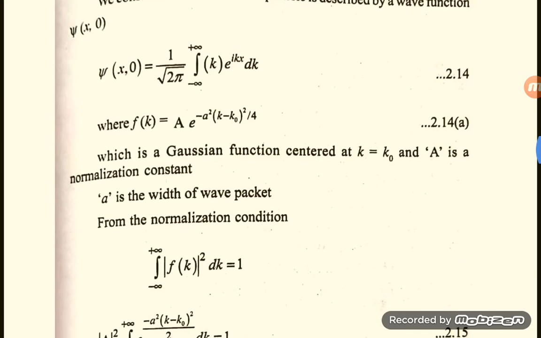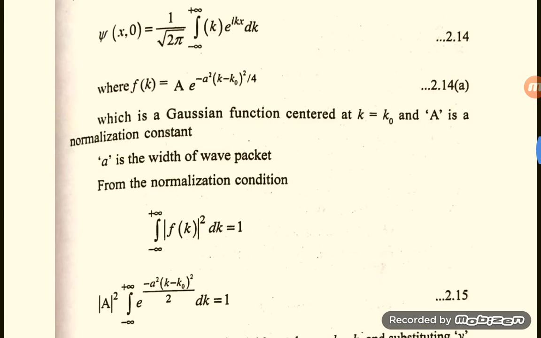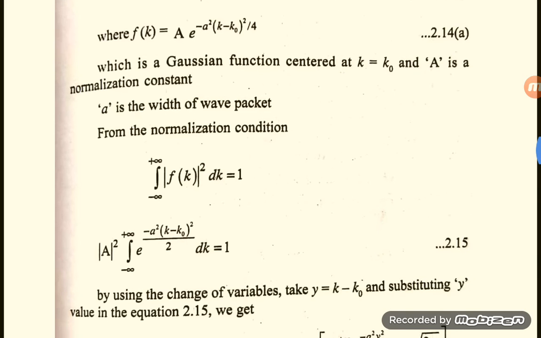So from the normalization condition, the integral from minus infinity to plus infinity of mod f(k) square dk equals 1. So mod A square integral from minus infinity to plus infinity of e power minus a square (k minus k naught) square by 2 dk equals 1.